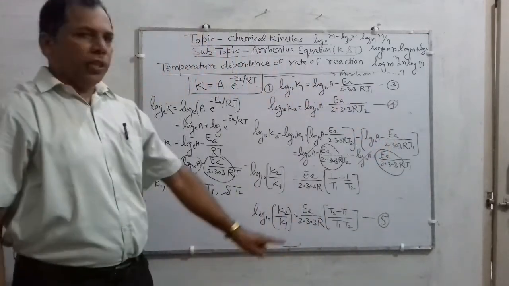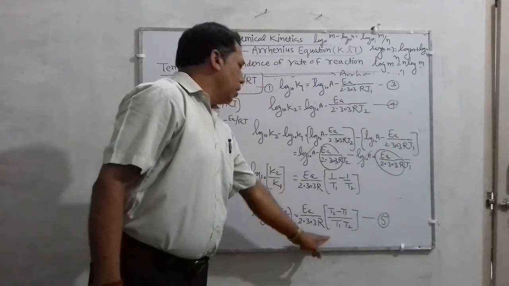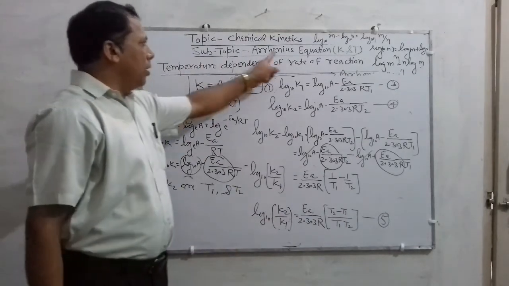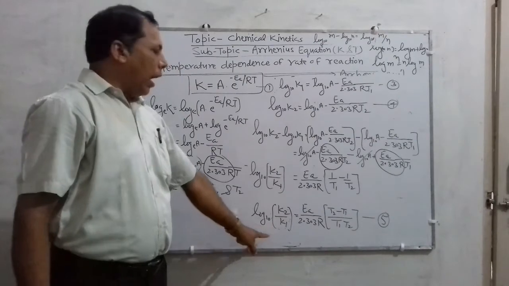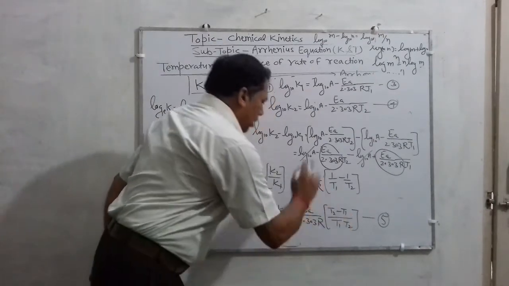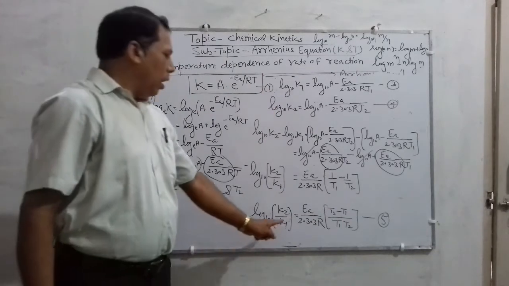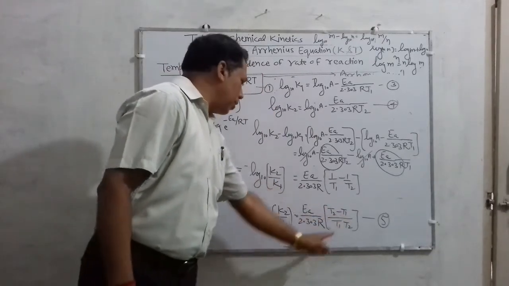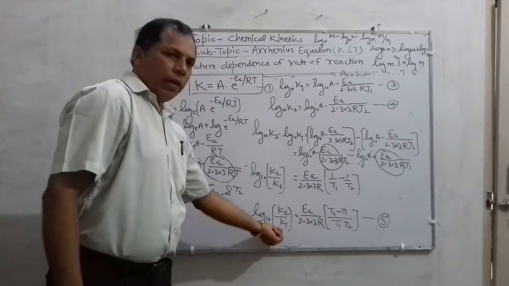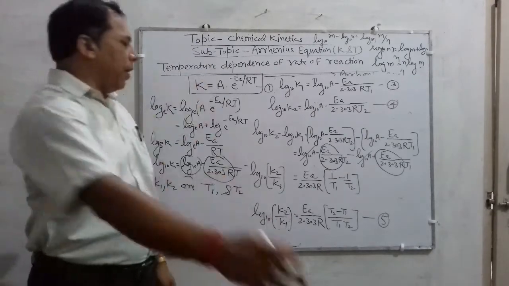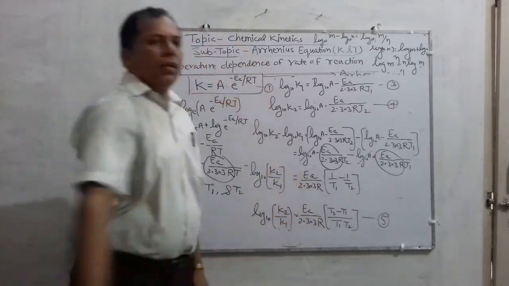So children, this expression number 5 is called the logarithm form of the Arrhenius equation, and by knowing the values of different temperatures and the values of the rate constants, we can easily find the activation energy.